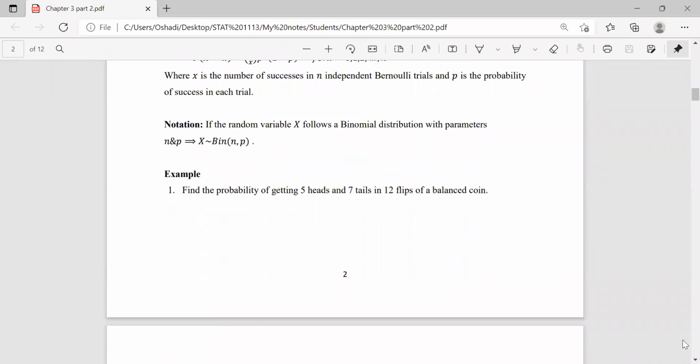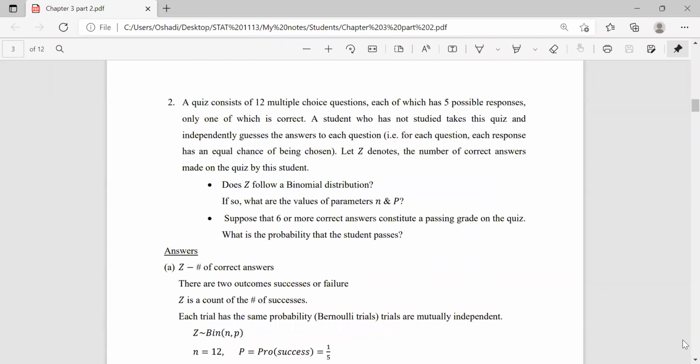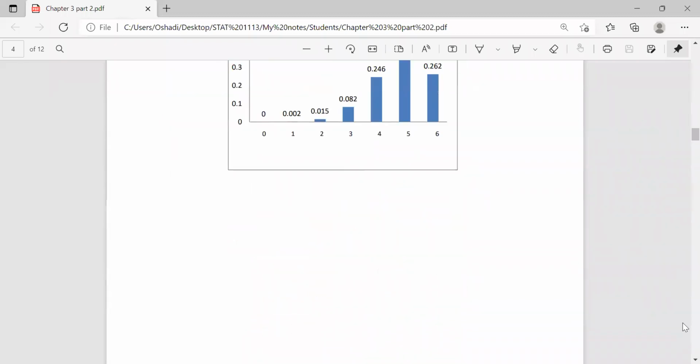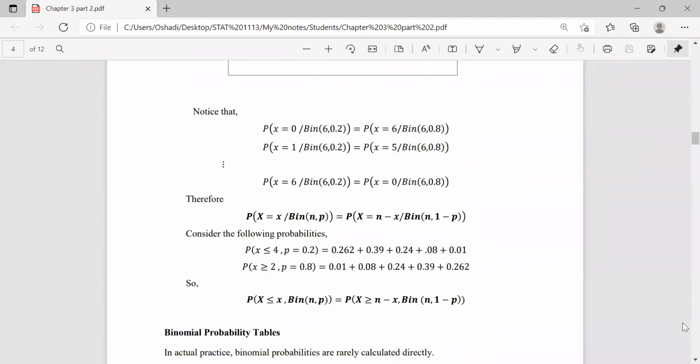And then we showed the binomial distribution using a diagrammatic representation, and there we identified that the binomial distribution has the property of symmetry. We developed some equations there.